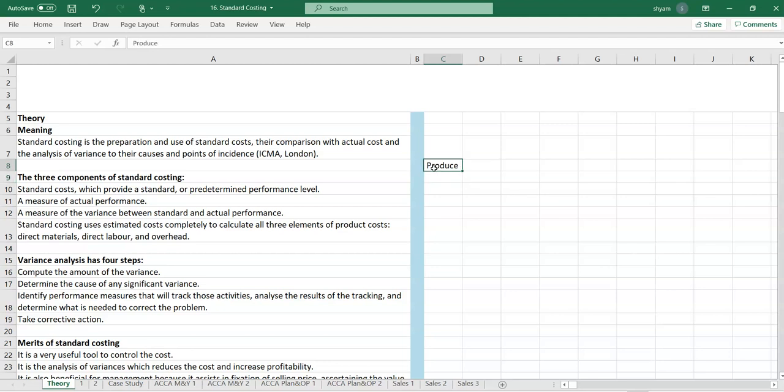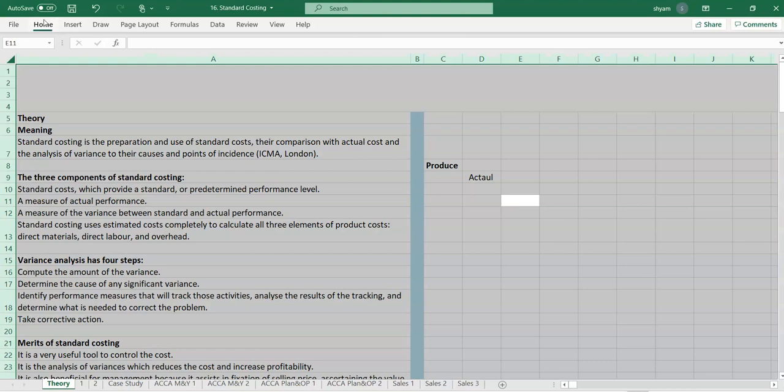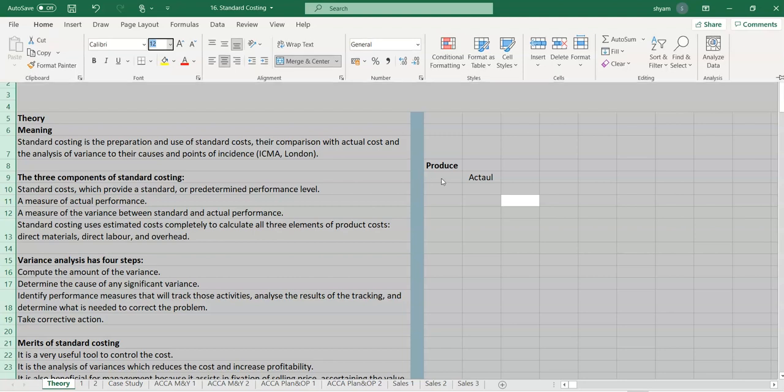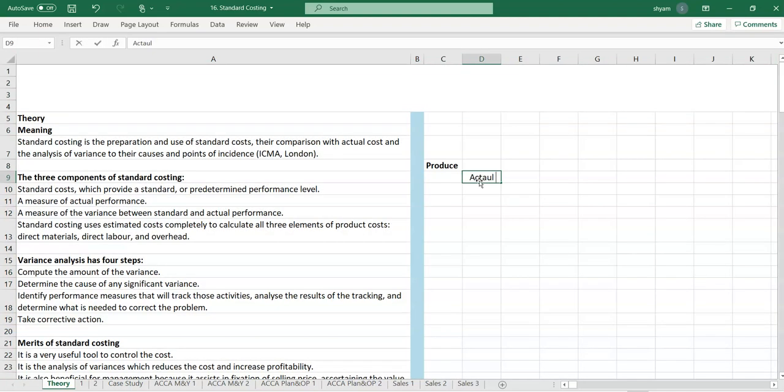You produce, and thereafter you know what the actual cost is. The actual cost comes to something like 100. After that, will you add a profit and find out the selling price?